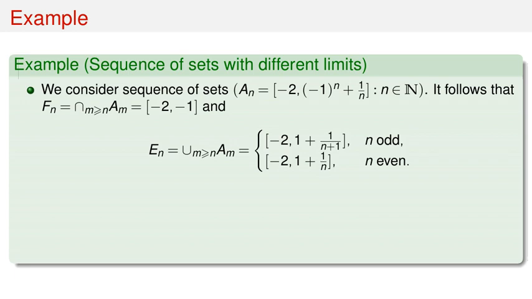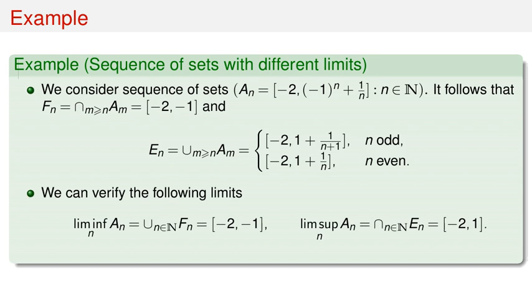And E_n, which is the union for m greater than or equal to n of A_m, turns out to be the closed interval from -2 to 1 plus 1/(n+1) if n is odd, and the closed interval from -2 to 1 plus 1/n if n is even.